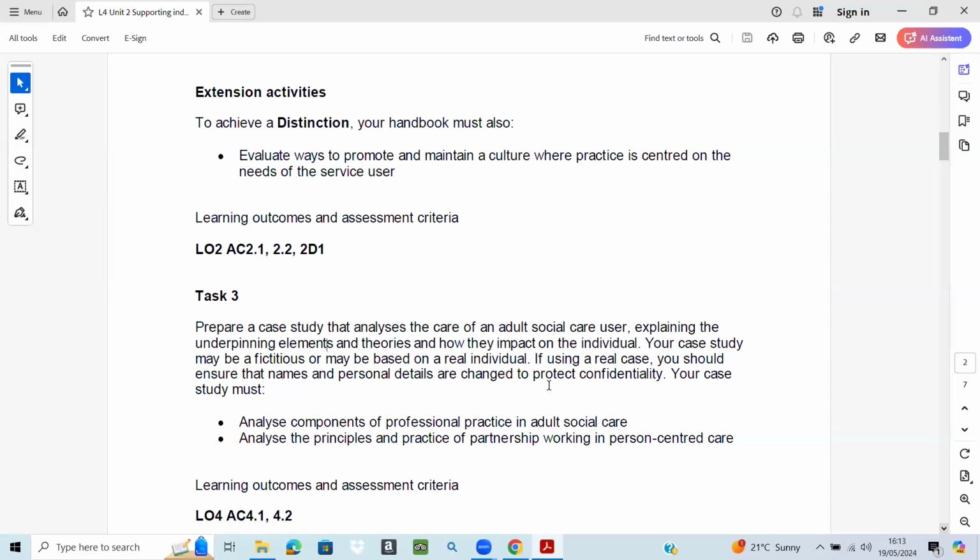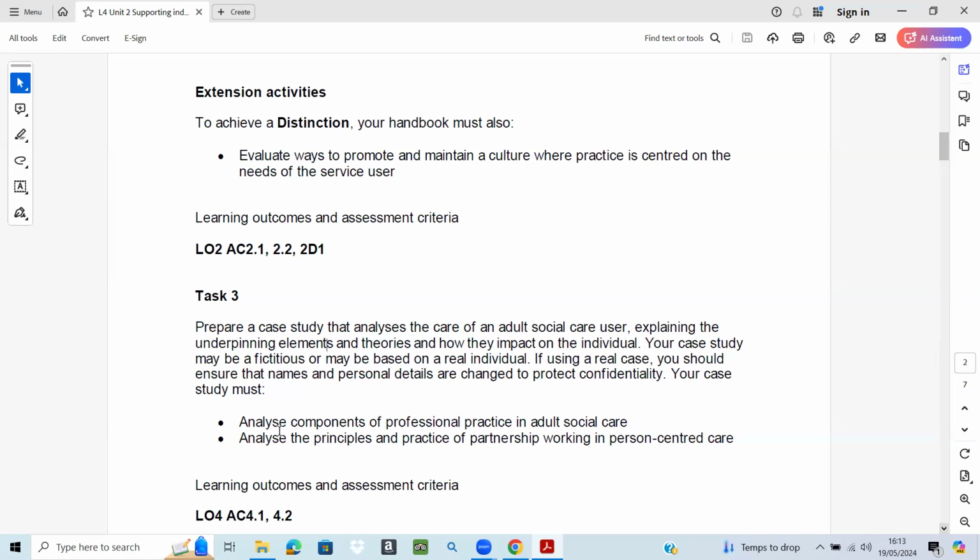It's against the Data Protection Act and the GDPR. So make sure that if we are giving a real-life example from our workplace, we won't use their actual details. If using a real case, you should ensure that, oh yes, they have mentioned that your name and personal details are changed to protect confidentiality.